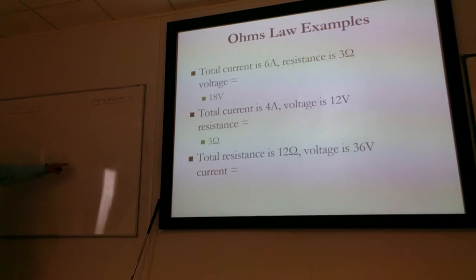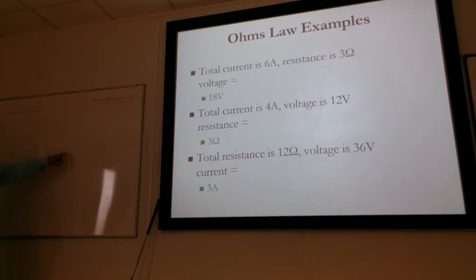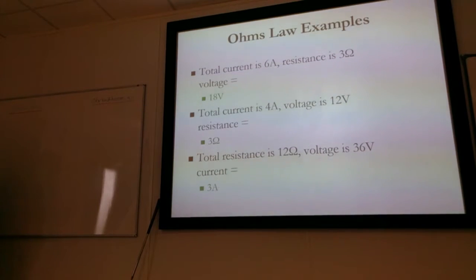So, 36 over 12 is? 3 amps. Amps, yes? 3 amps. Okay. Got the concepts? If you draw that on your bit of scrap paper, and then just replace the letters with the numbers in the equation, you've got the answer there for you. That's simple.